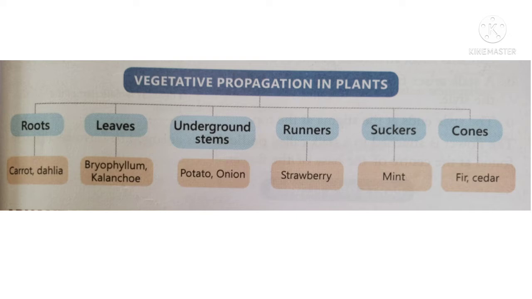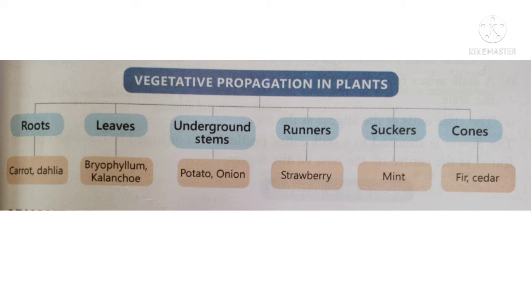And like that, I have explained about potato, onion. These come under underground stems. And strawberry is the best example for runners. Like that, you can take mint for suckers and cedar for cones.